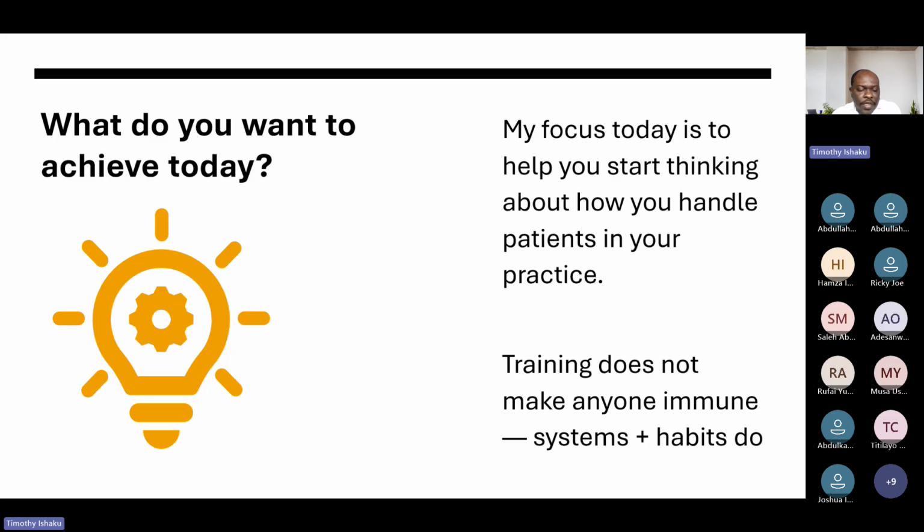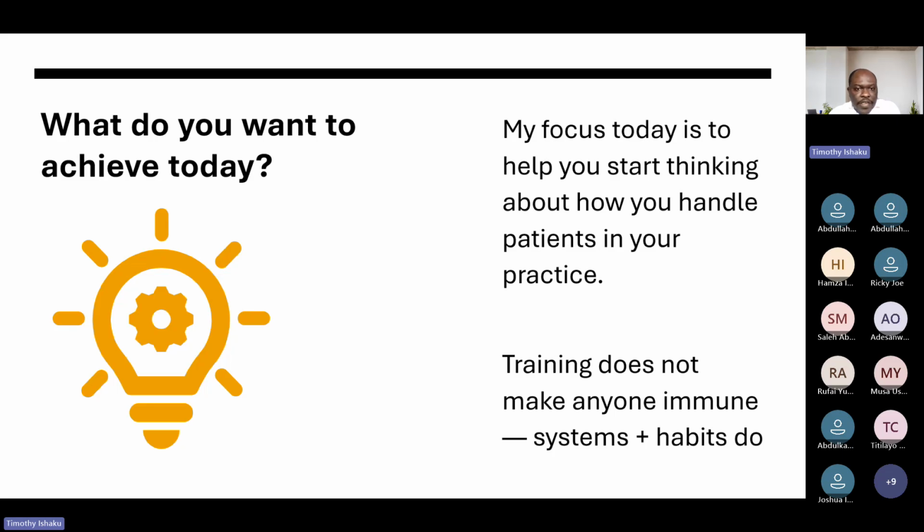I hope to give you the skill sets, but also to generate the conversation of patient handling, because it goes beyond the individual responsibility. It's organizational, it's a systems approach, and hopefully we are pleased to have the regulatory bodies on board, so this conversation will go beyond today's session.